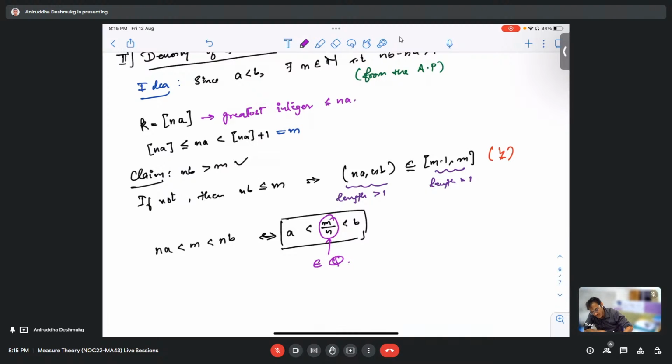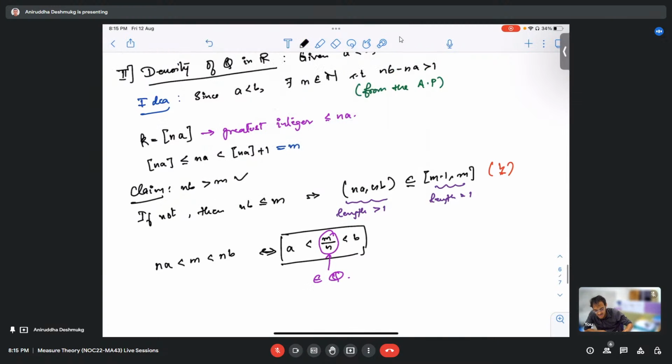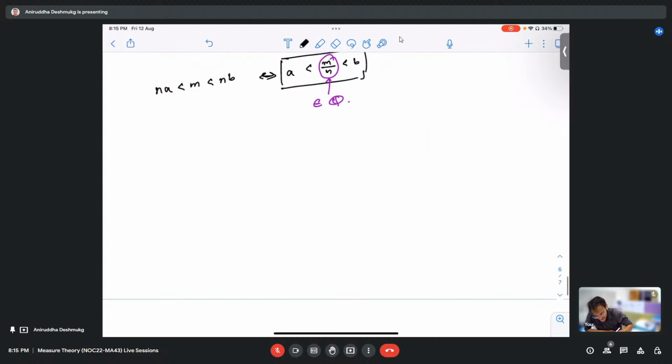Yes, sir. Okay. Now using this, it is very easy to prove the density of irrationals. So the third step is density of irrationals. Again, given a less than b, we want to find an irrational between them.